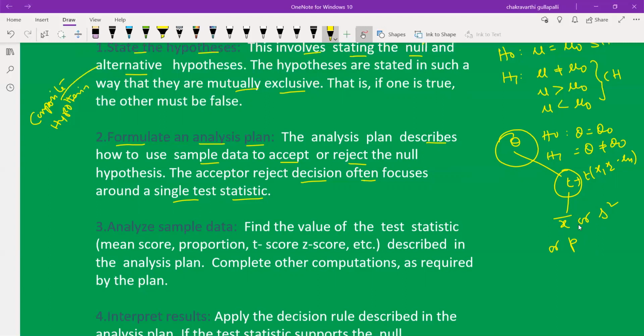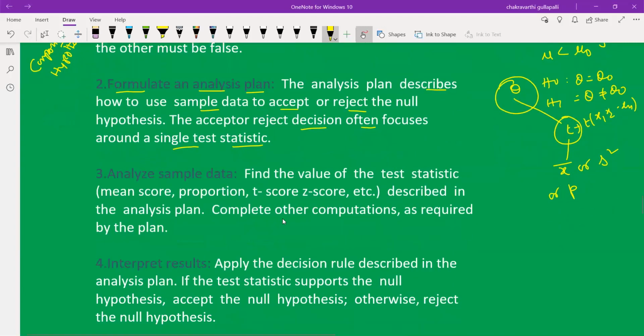Focus on this sample statistic, and either accept H naught or reject H naught. Accept H naught means reject H1, the alternative hypothesis. Reject H naught means accept H1. That is the second point here.